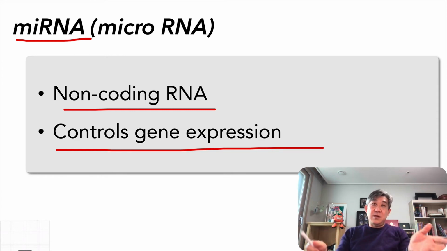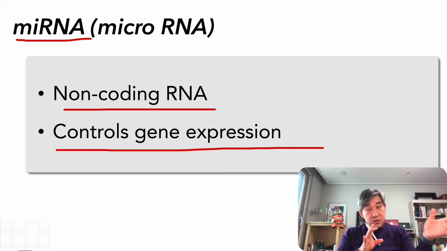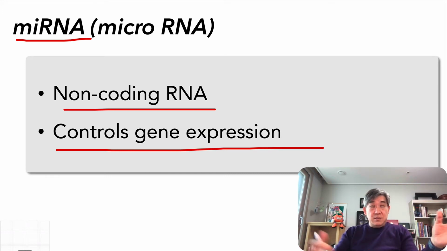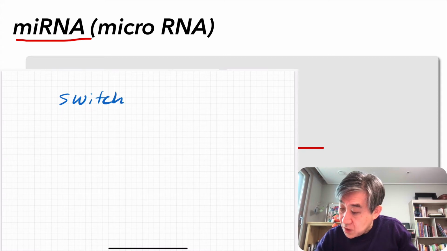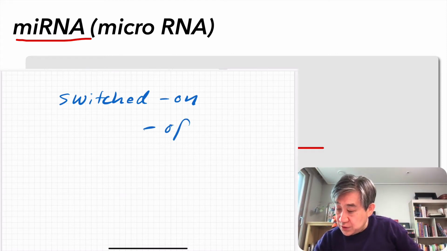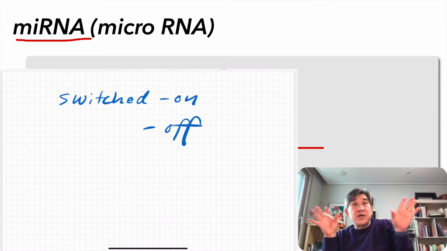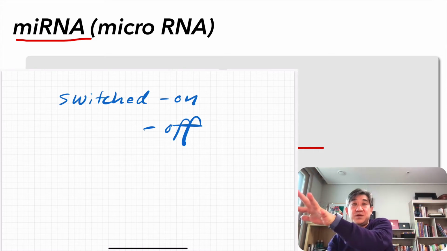There are many different factors that influence the relative strength of any particular gene expression, and this is one such major factor: as a consequence of this microRNA, certain genes can switch on, meaning gene expression becomes active, or switch off, and the activity of gene expression is toned down, or even in some cases completely shut down.